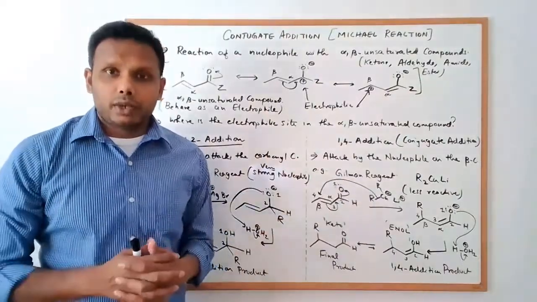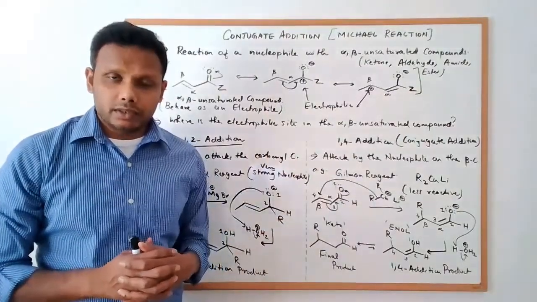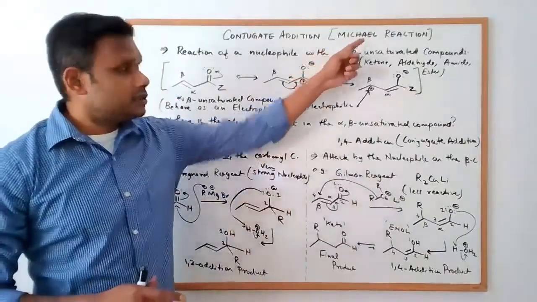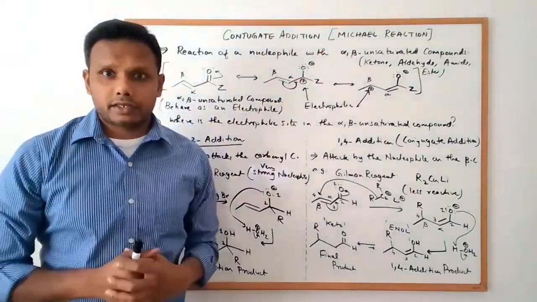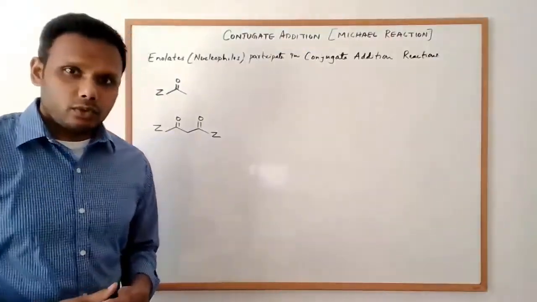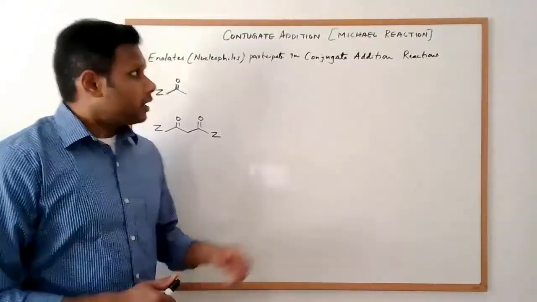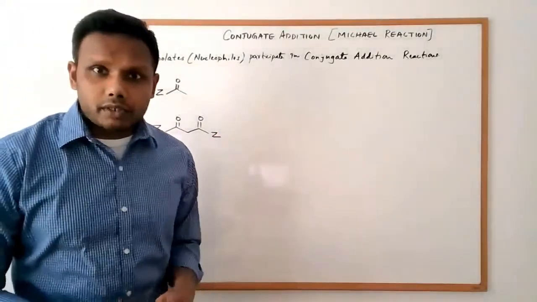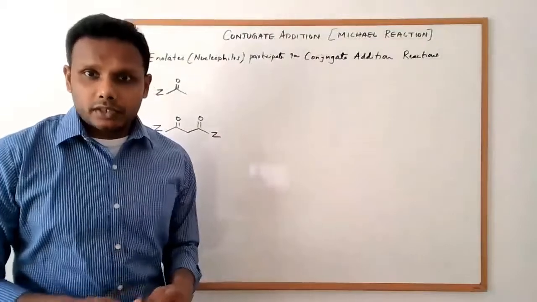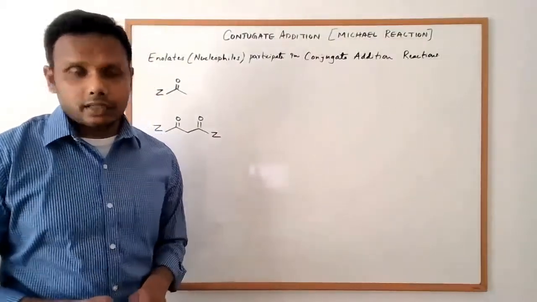There are other reagents that are suitable for doing this, and that's what would lead us into the Michael reaction. Now, enolates, as we know, are good nucleophiles, and they can actually participate in the conjugate addition reaction, or the 1,4 addition reaction.